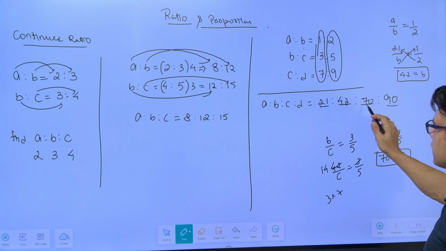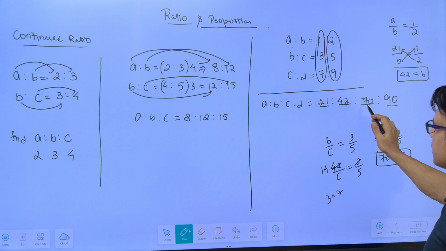It is given that A and B are in the ratio 4:7 and sum of A and B, A plus B, is given as 132.